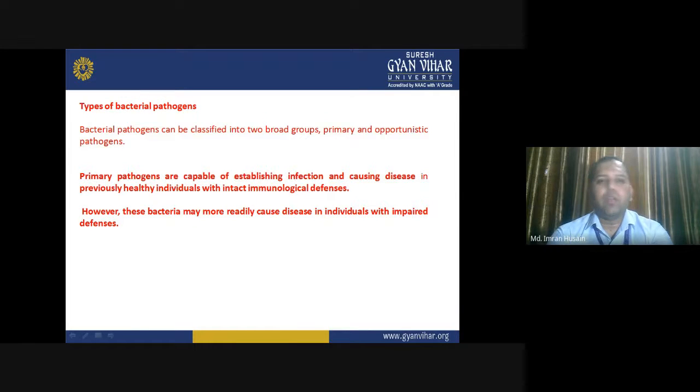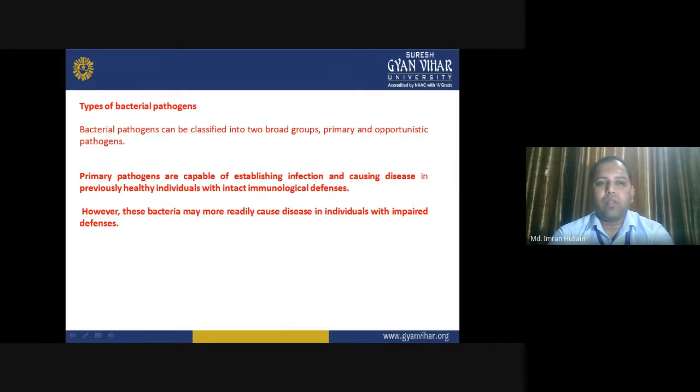Types of bacterial pathogens. Bacterial pathogens can be classified into two broad groups: primary and opportunistic pathogens. One is the primary pathogen, and the other is the opportunistic pathogen.